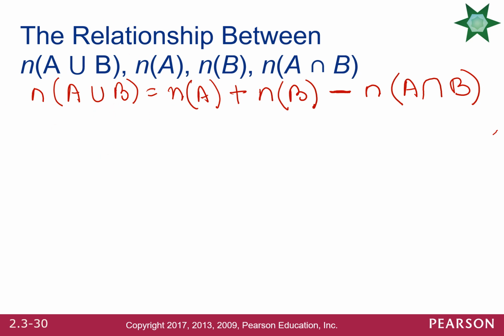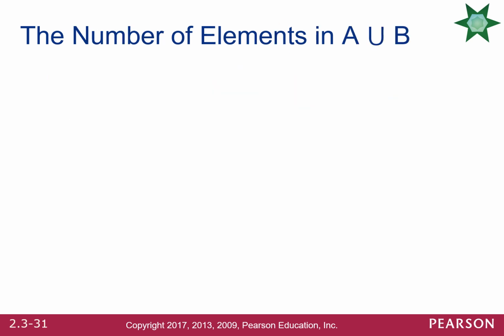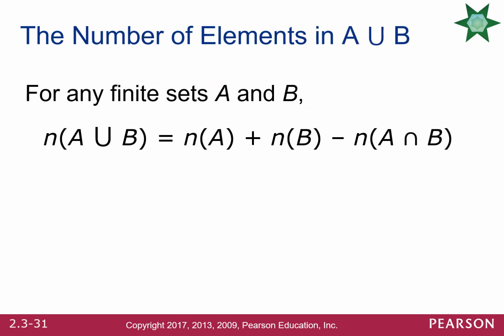So let's see what it says here. It says to find the number of elements in the union of two sets A and B, we add the number of elements in set A and set B, and then subtract the number of elements common to both sets. So here is the equation to find the cardinality of A union B, and it's the same equation that we just came up with in the previous slide.